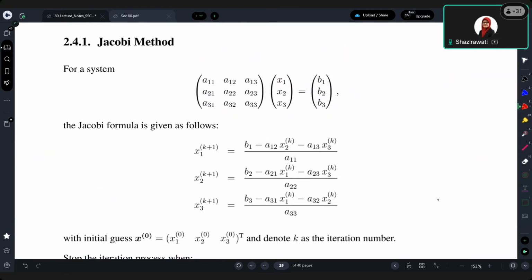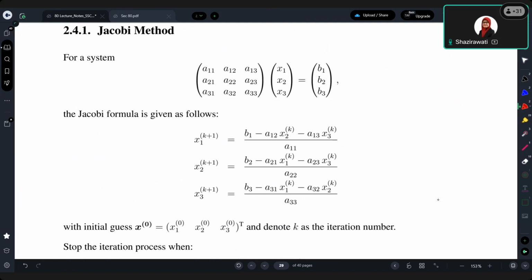Now, we go to the first method, under iterative. Under the iterative category, we look at Jacobi. Okay, Jacobi method. For illustration, we consider 3 by 3 only, simple.